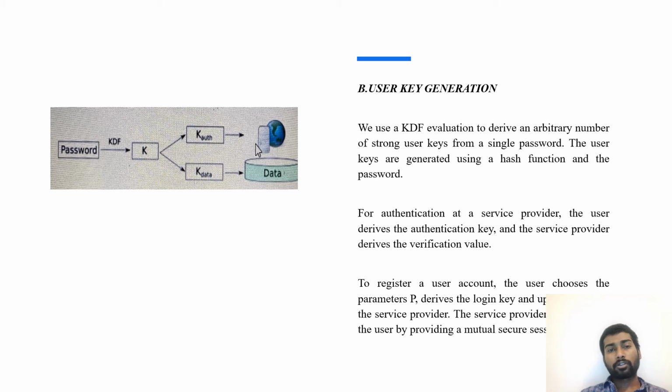The purpose of K authorization is for authorizing the data, and K data is for encrypting the data. It will be stored in the database. So this is exactly what it tells about the whole.